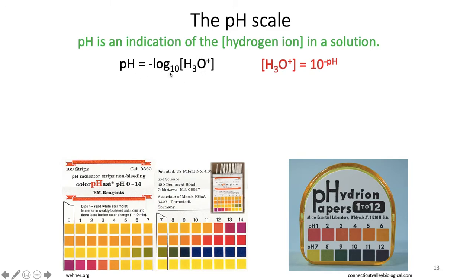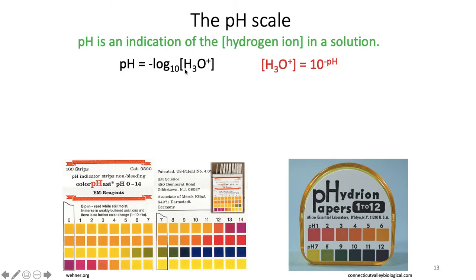Make sure that you know and understand how to use your calculator, because you will be doing problems with these in the test, in the final. So you will need to know how to use your calculator to calculate the pH value.